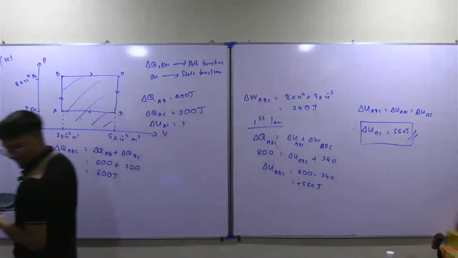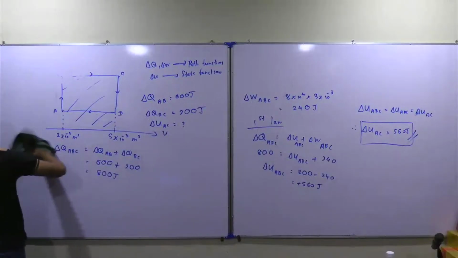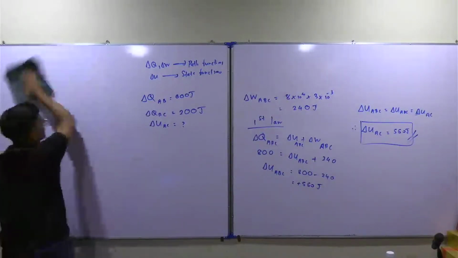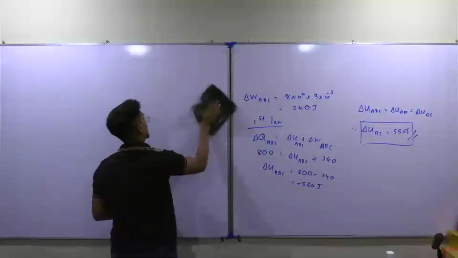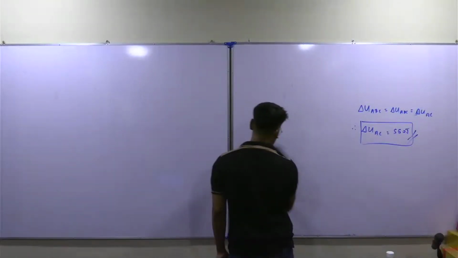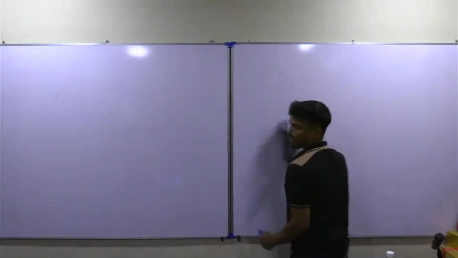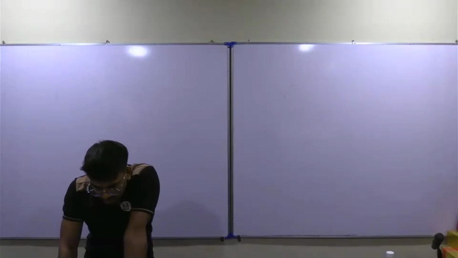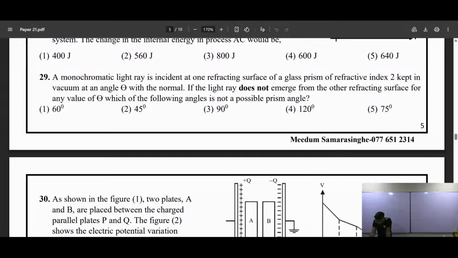Next one, 29th one. Let's go. A light ray is incident at one refracting surface of a glass prism of refractive index 2 kept in vacuum at an angle theta with the normal.